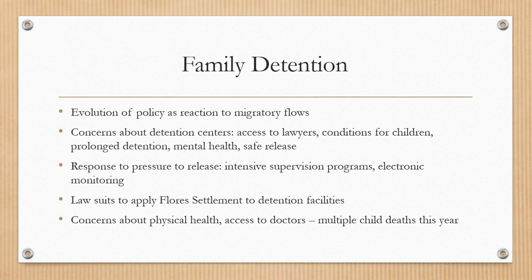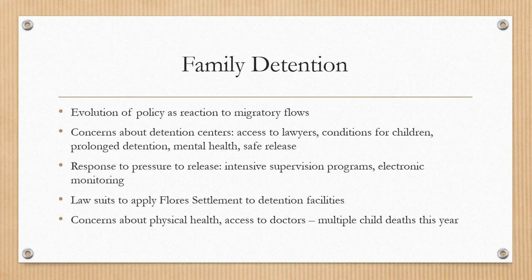There have been concerns about the quality and conditions of detention centers, so whether families have access to lawyers, the conditions for children, how long they're detained, what is the impact on their mental health, and what are the practices around safe release in communities? How are people being released from facilities? What information are they being given? How are they traveling? How are they able to get to where they need to go safely?